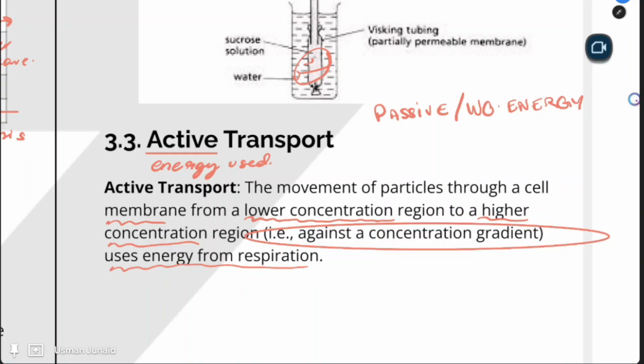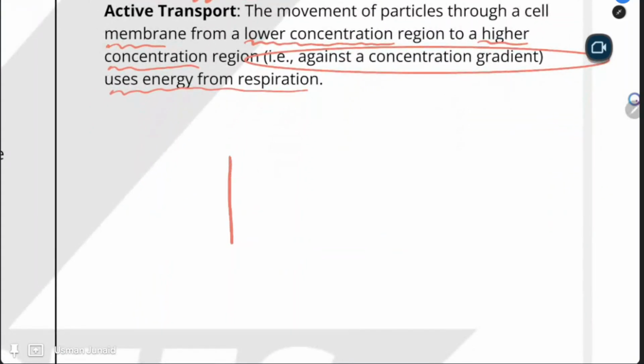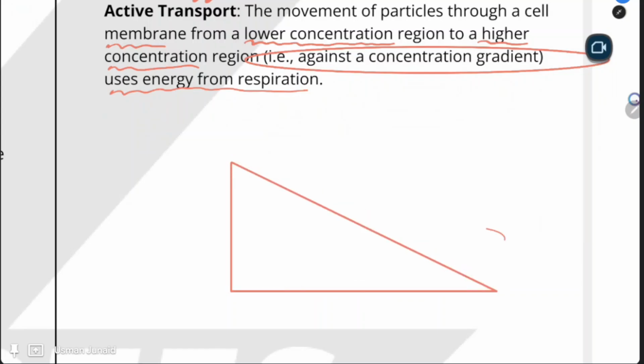An easy way to visualize this is if you have a ramp, right? And you have a boulder. Let's put a ball here. If I push this slightly, I might not even need to push it. It would just move downwards due to gravity, from high to low.